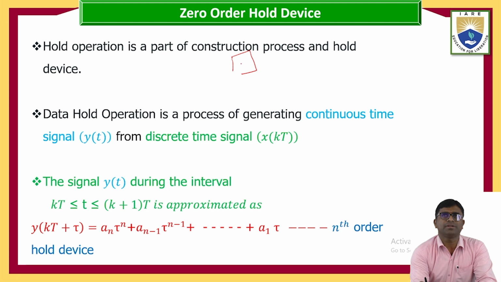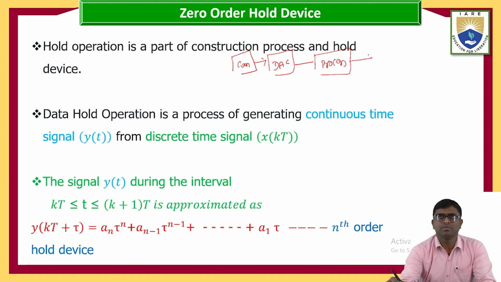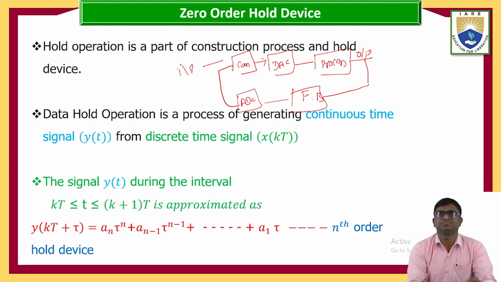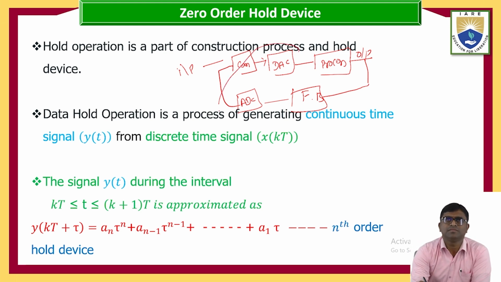Here: computer, DAC, process, output, feedback or measuring system, ADC, given to the input here. These are the controller blocks.